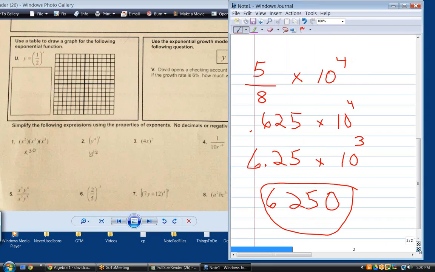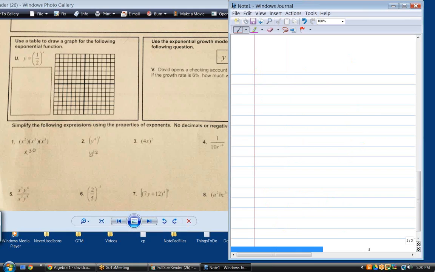Number u, they have y equals 1/2 to the x power. Apologize for my handwriting. I'm going to have to reboot my computer to fix this, but I'll just wait until we're done. So they said make a table.